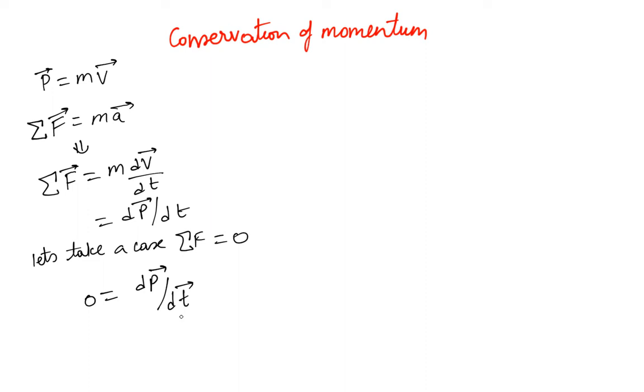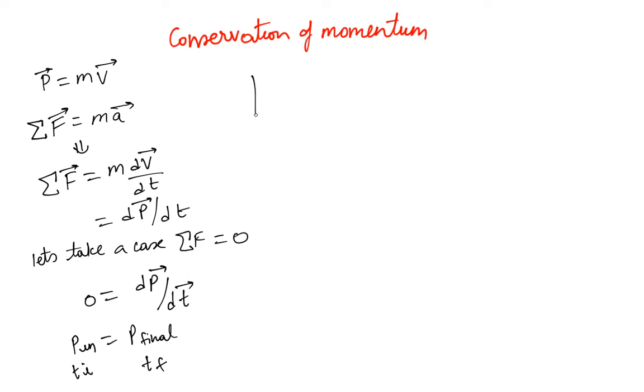So it's not changing with time, and that means p initial equals p final. For any time t initial, if momentum is p initial, for any time t final the momentum is the same value. There is no change in momentum if there is no external force acting. So if this is true, momentum remains conserved.